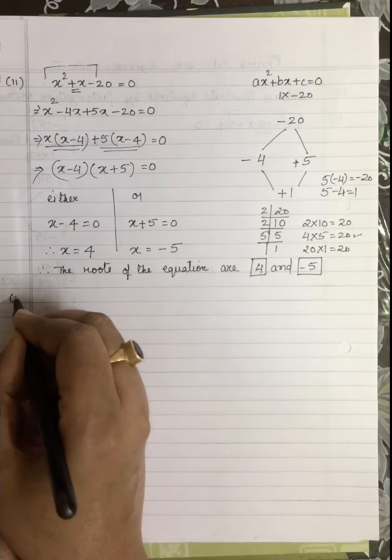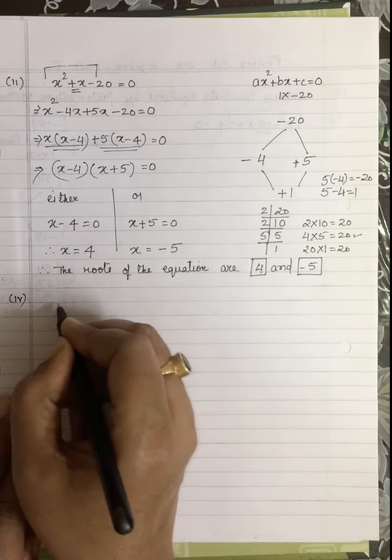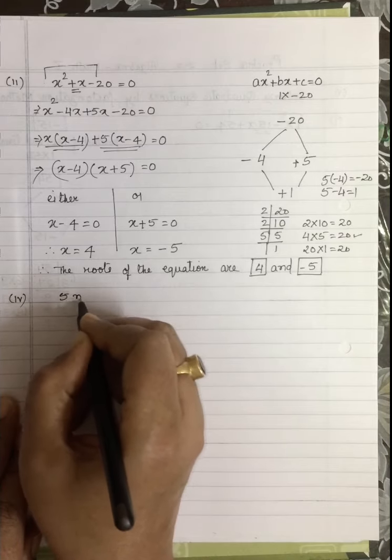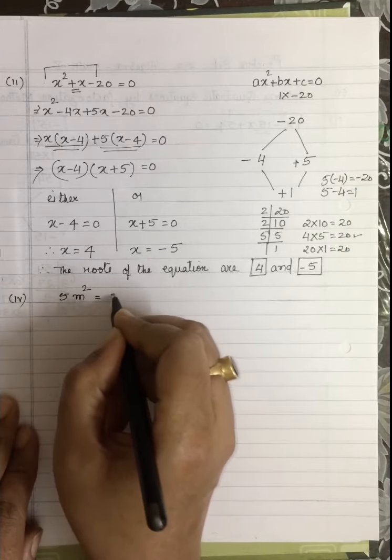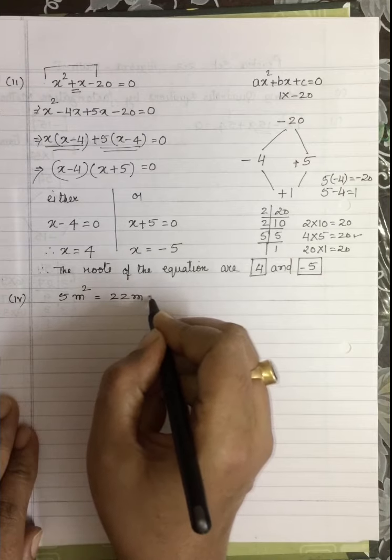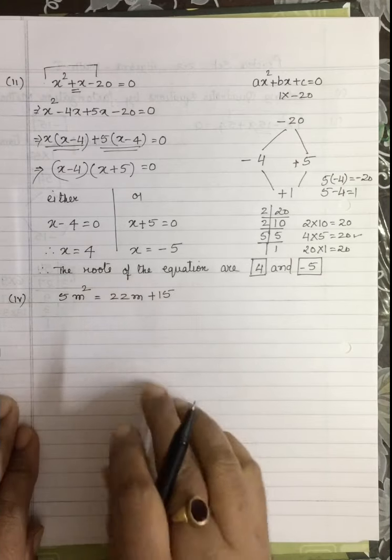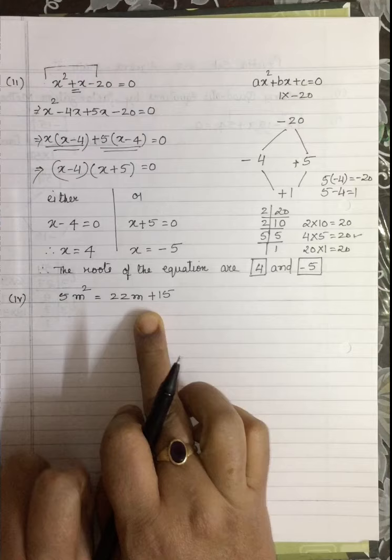Now let us go for the fourth one. I am doing the fourth one, children, given as 5m square is equal to 22m plus 15. Here, children, see the given equation.